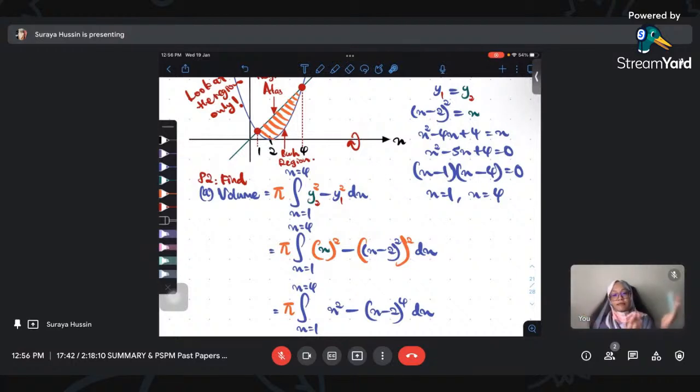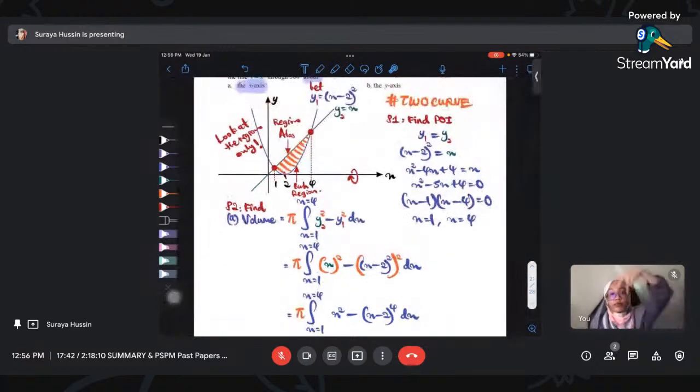Volume mesti menyeluruh. Sebab tu kena ada squat, and then mesti ada pi outside of it, because then barulah you nampak bentuk volume terwujud. Formula ni memang sangat jelas kenapa pi tu wujud, sebab bila dia rotate, dia akan nampak bentuk volume tersebut.